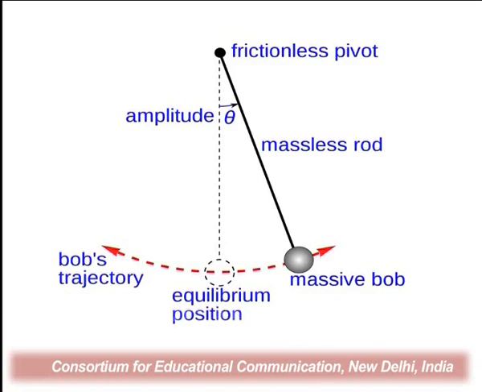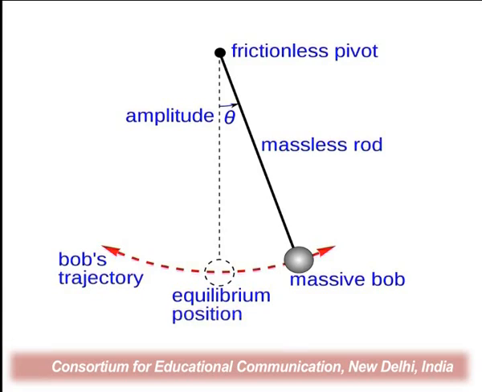Now you see on the left-hand side, the dotted arrow mark represents the bob's trajectory, where this massive bob takes a rotation, and at the center we have the equilibrium position. It means this pendulum moves in a to-and-fro manner, and the distance we measure along the bob's trajectory gives the amplitude.